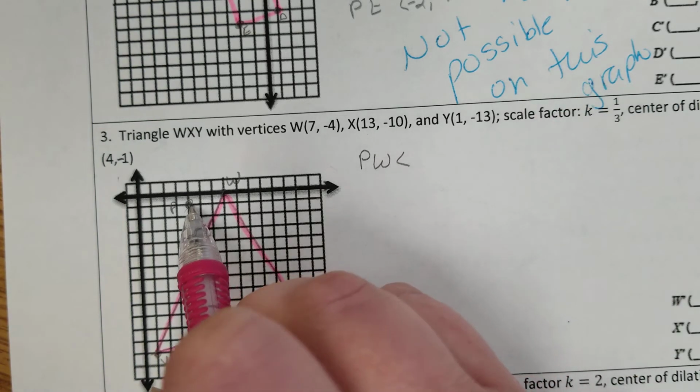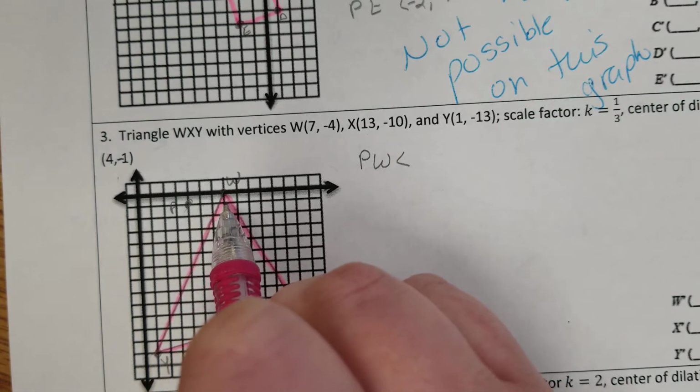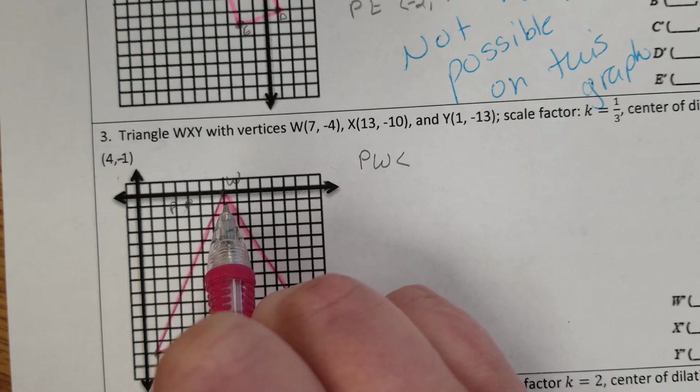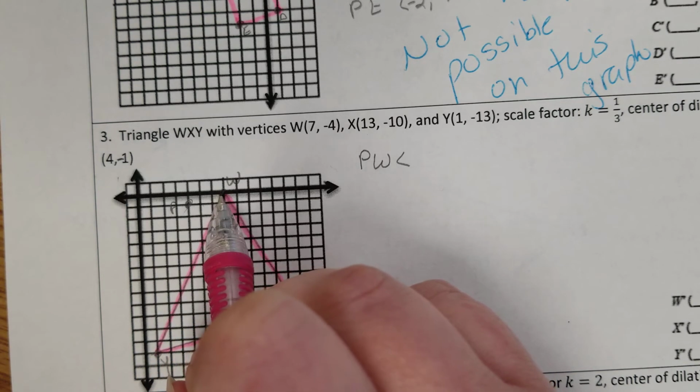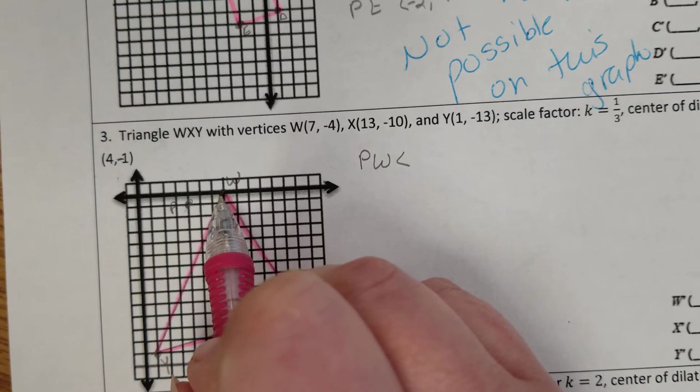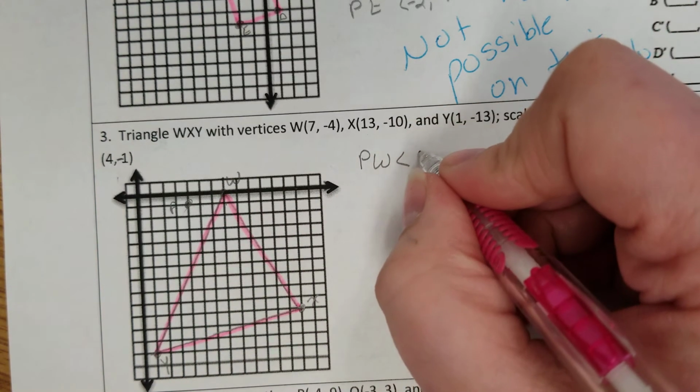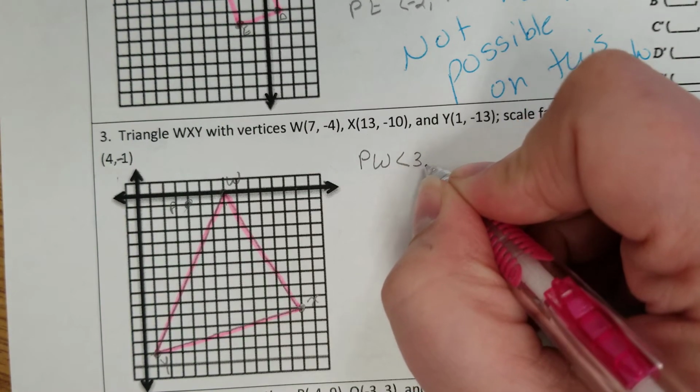So from P to W, we go 1, 2, 3 to the right, and then up 1, which is positive 3, 1.